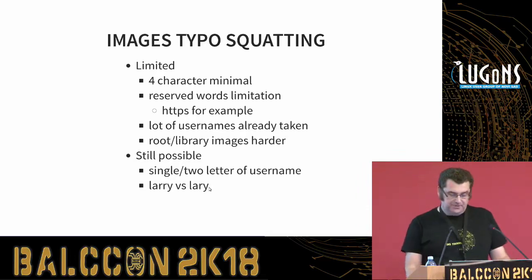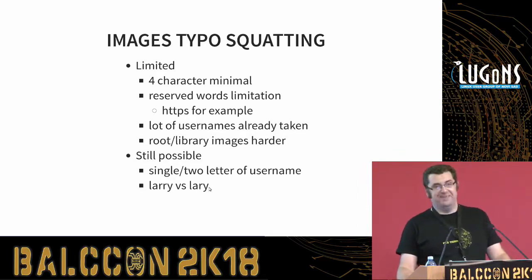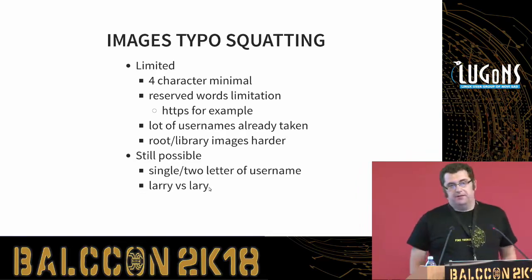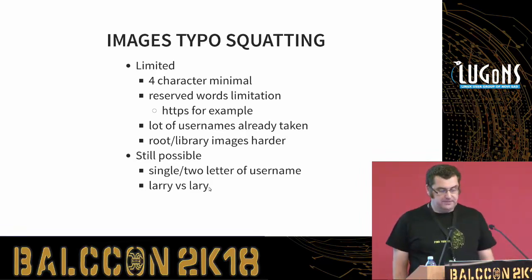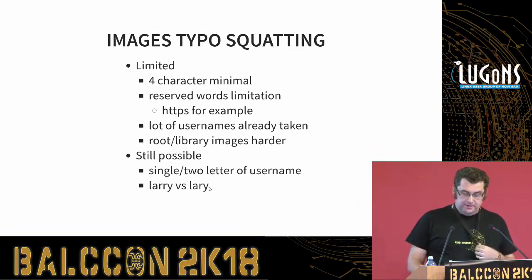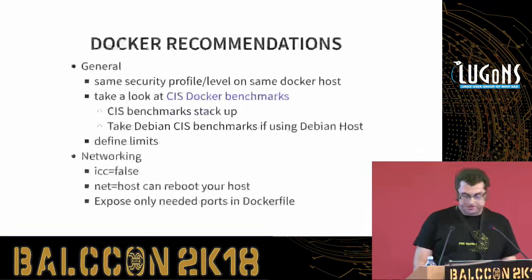To me, it was a very nice name. And a lot of usernames were already taken because a lot of people are using it. So it's kind of hard to do really good typosquatting. But of course, it's still possible, especially if you have some kind of usernames. For the root ones, it's much harder.